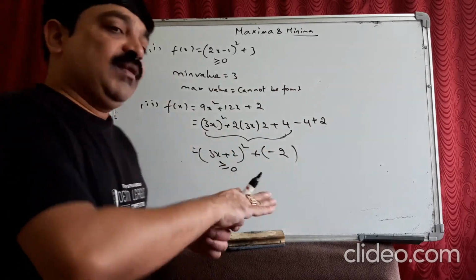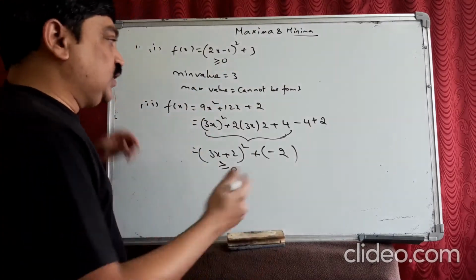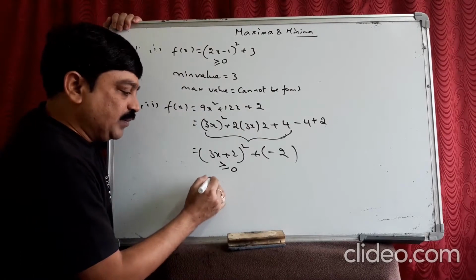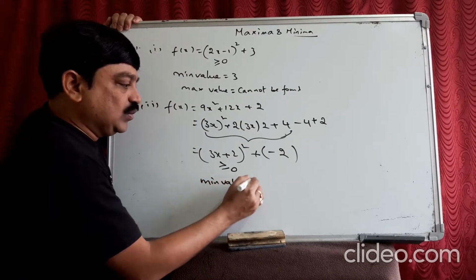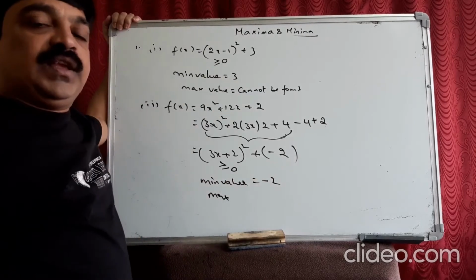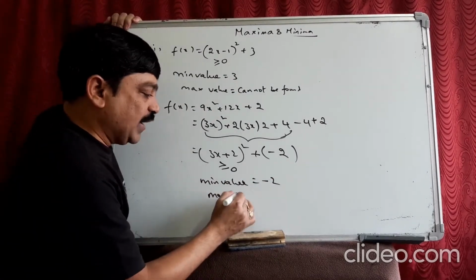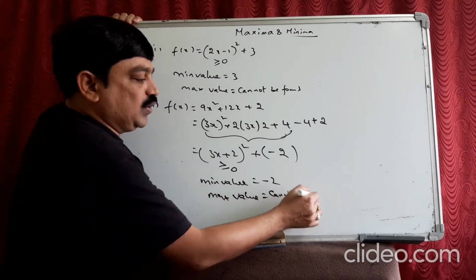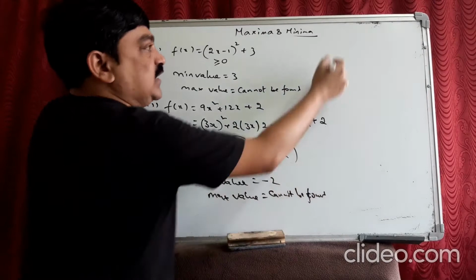That means it will be increasing from minus 2. So the minimum value is equal to minus 2, and the maximum value, because it keeps on increasing, cannot be found because we don't know where it ends.